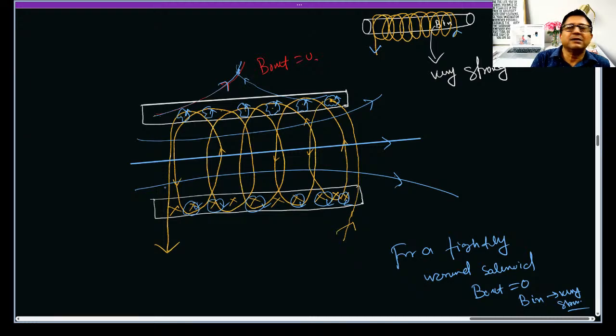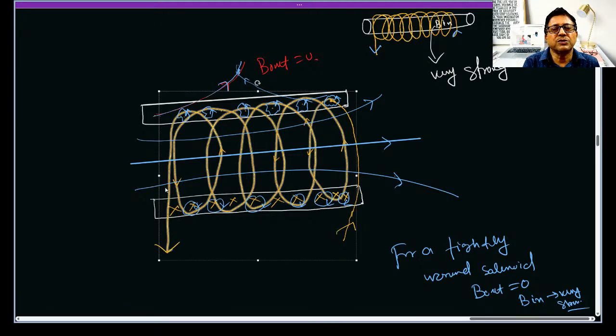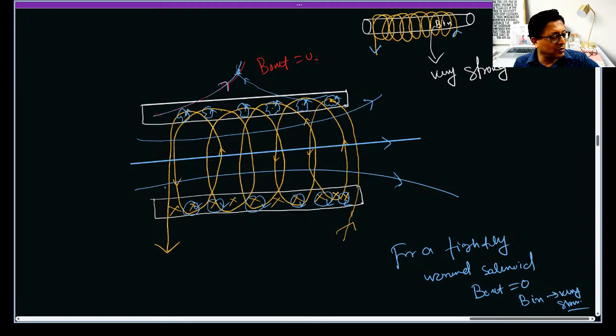They cannot intersect. That is also a reason. So the arrow goes this way, the arrow goes this way. At this point, they are interacting, so these magnetic fields get cancelled. Clear? Draw this diagram as fast as possible.